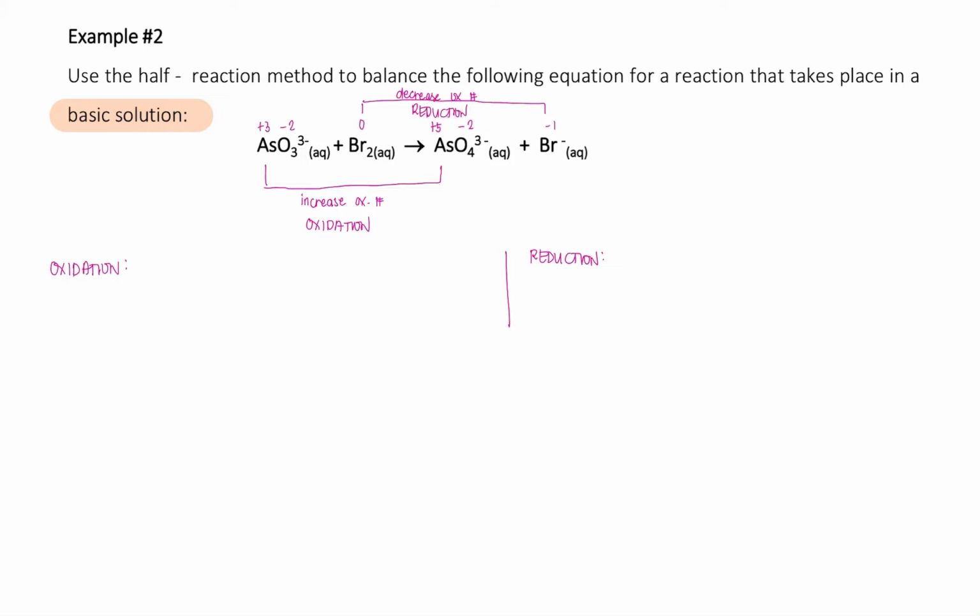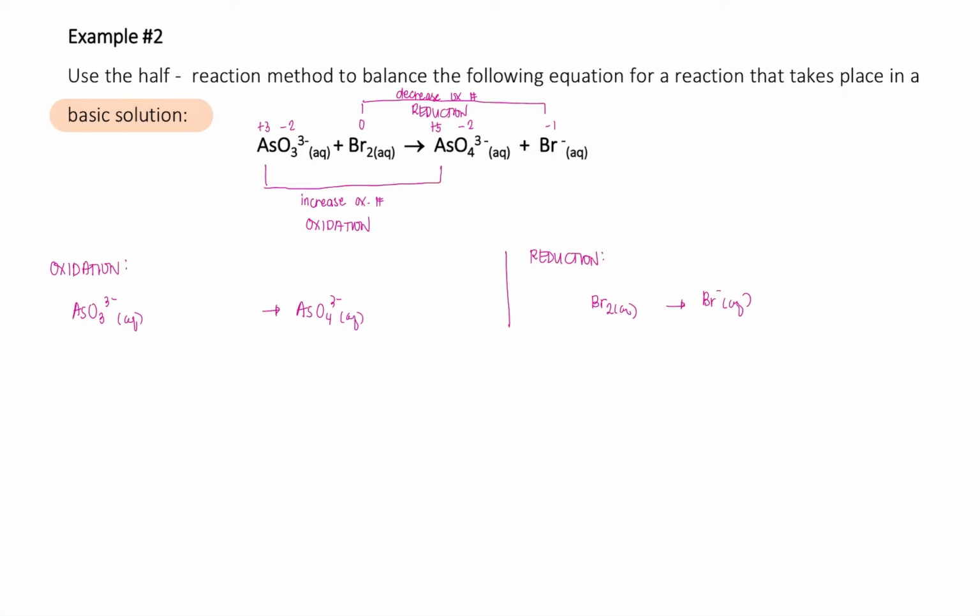So the reduction half reaction is for bromine, so Br2 to Br negative. And then we have here AsO3 3-, aq, and then AsO4 3-, aq.